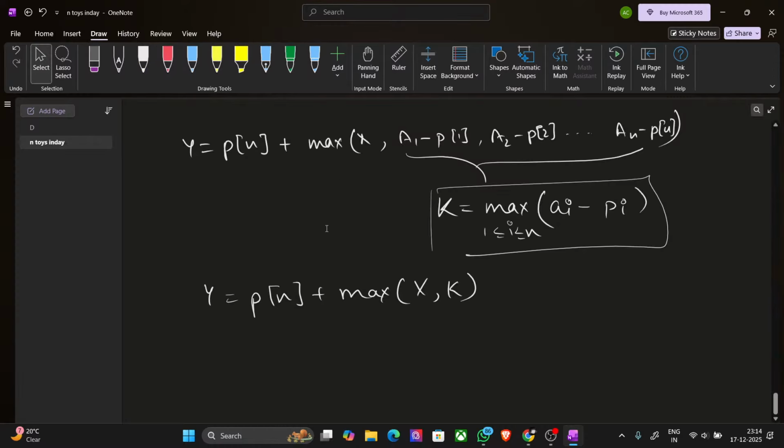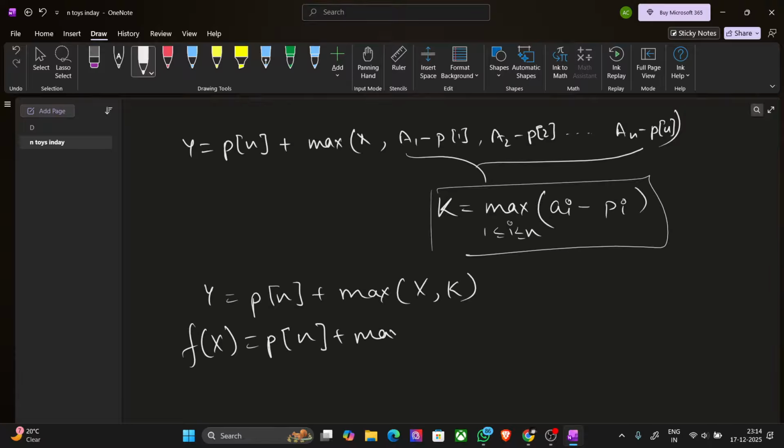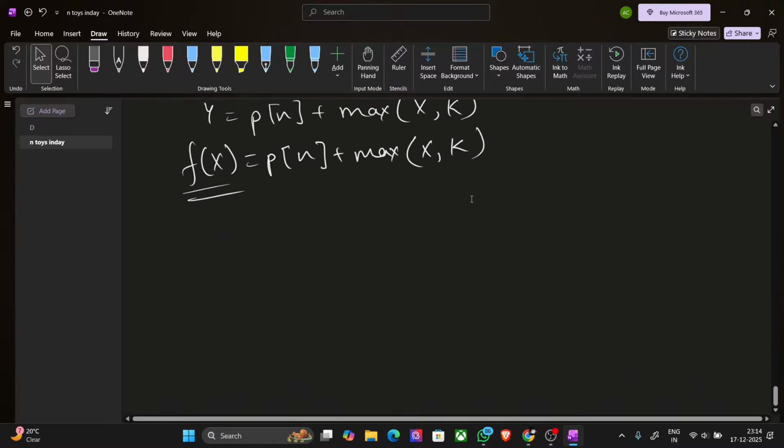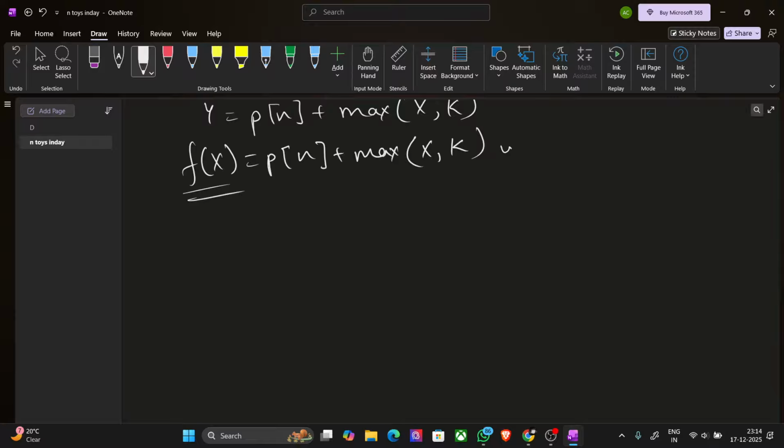Now this, what is this y? This y will be the fx, right? For general fx, this will be my formula, where k is max of i equal to 1 to n of ai minus pi, right?